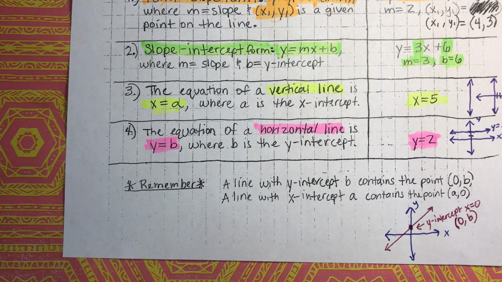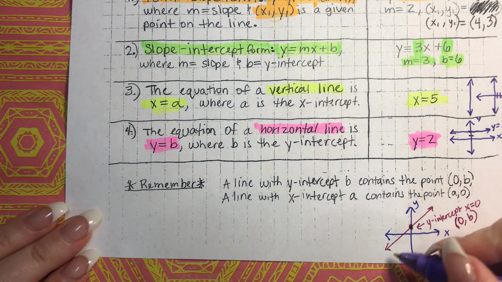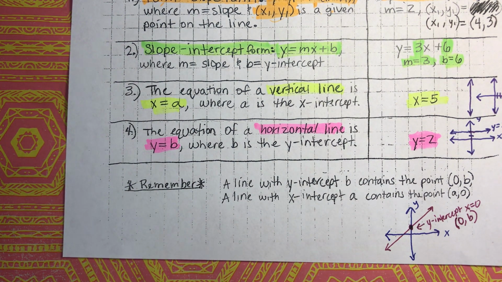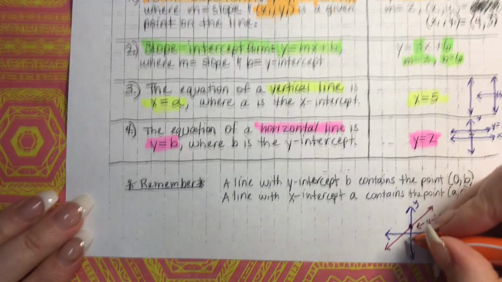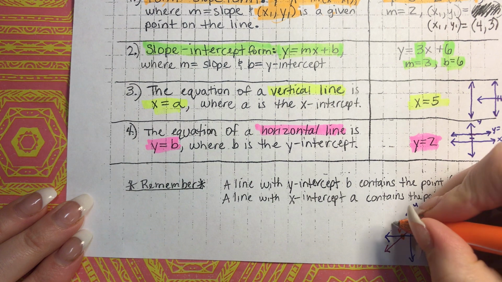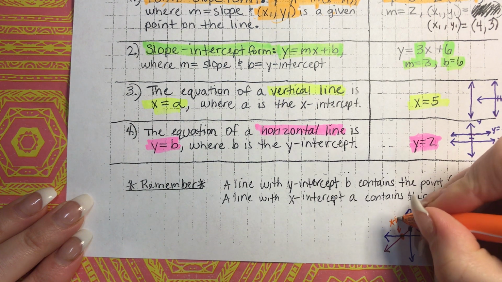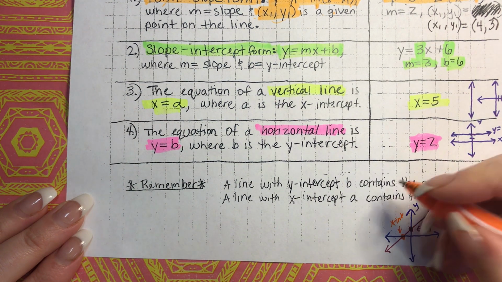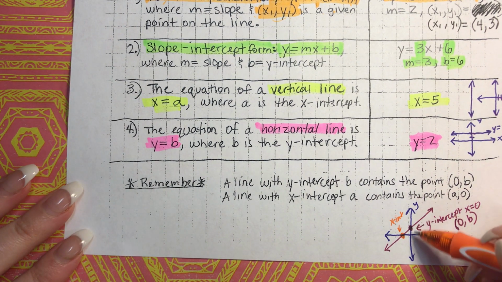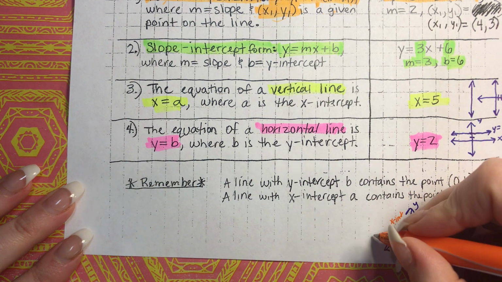Okay, so if we know that, let's go ahead and talk about the x-intercept. The x-intercept is where this line crosses the x-axis, which would be right here. Okay, so this is called the x-intercept. And if you were in my class before, I would always be like, okay, what do you always know about the x-intercept? We know that y is equal to 0.